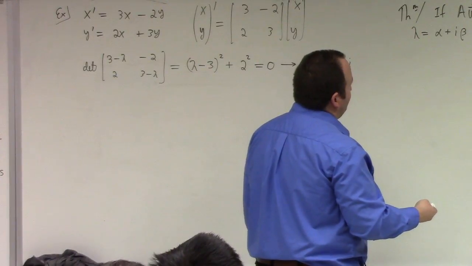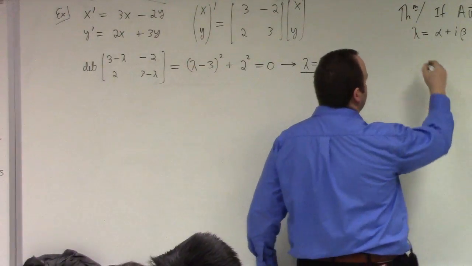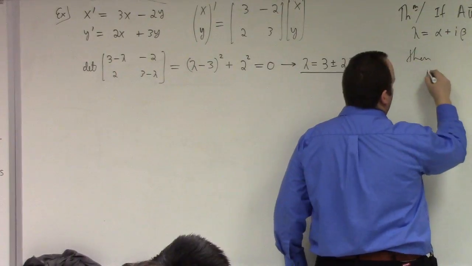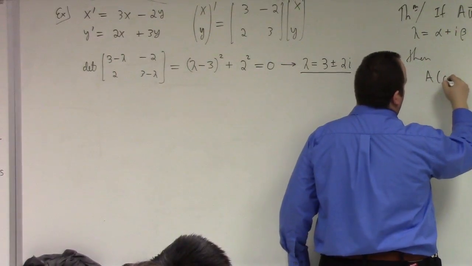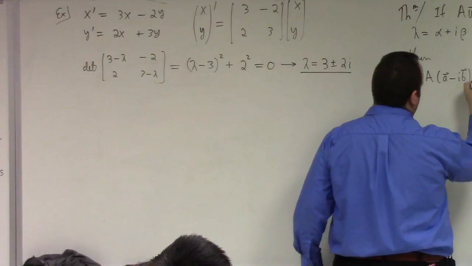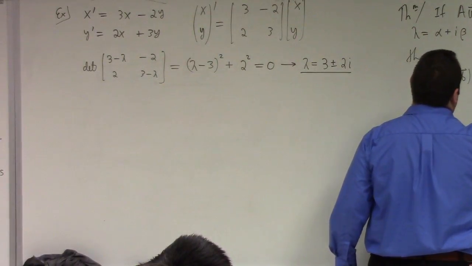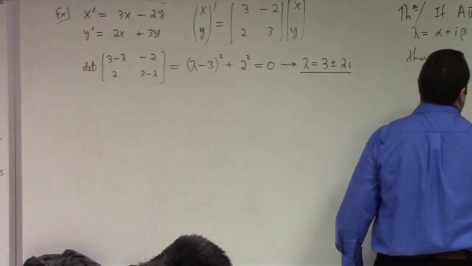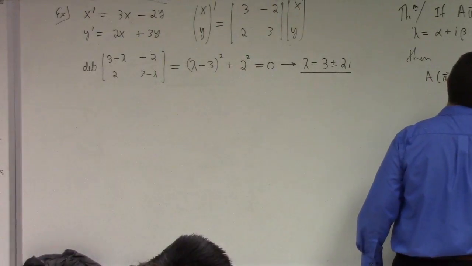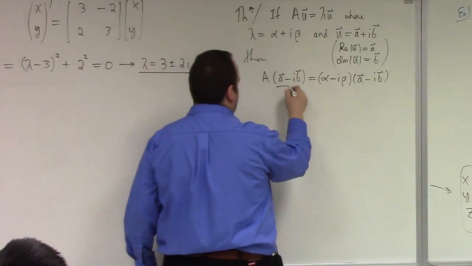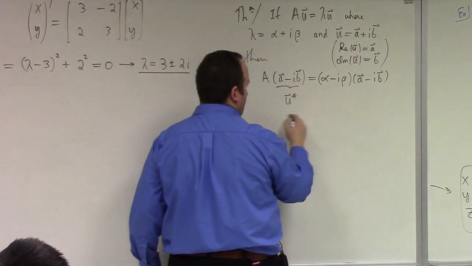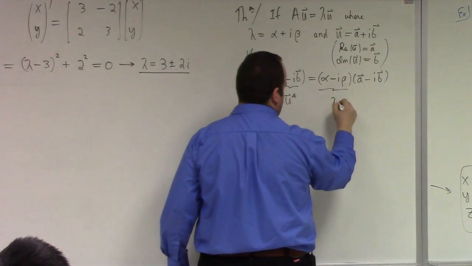But anyway, theorem, then, check it out. A times a minus ib is equal to, believe it or not, alpha minus i beta times a minus ib. Now, usually I just call this thing u star, and usually I just call this thing lambda star.